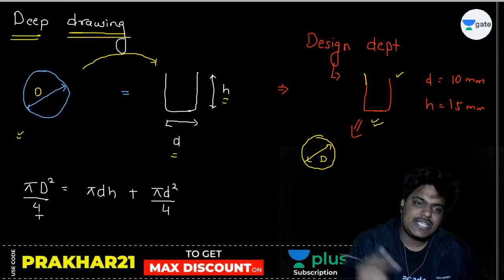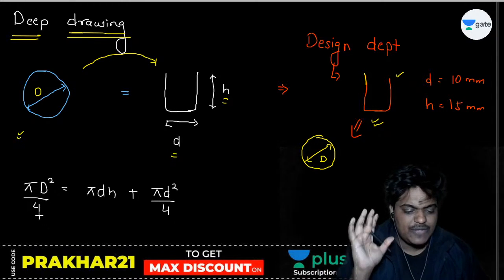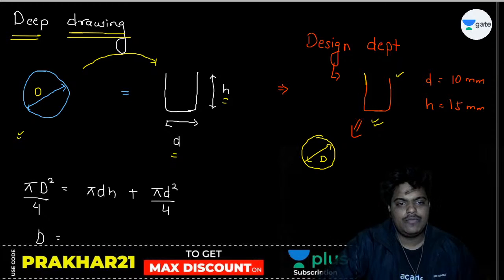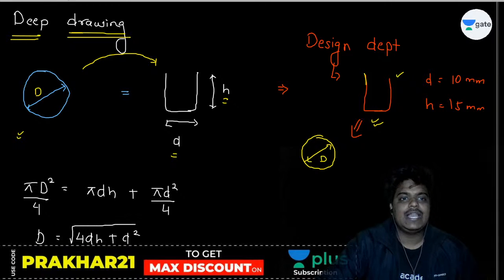The surface area of the blank is equal to the surface area of the cup. Yes or no? So from here you will be getting the value of D as the square root of 4dh plus d square. This is the exact relationship for the diameter of the blank that you are going to use.